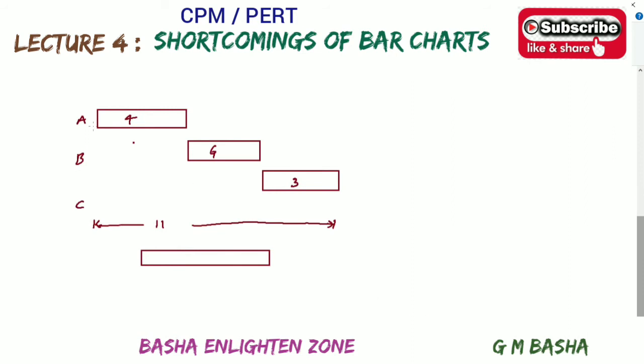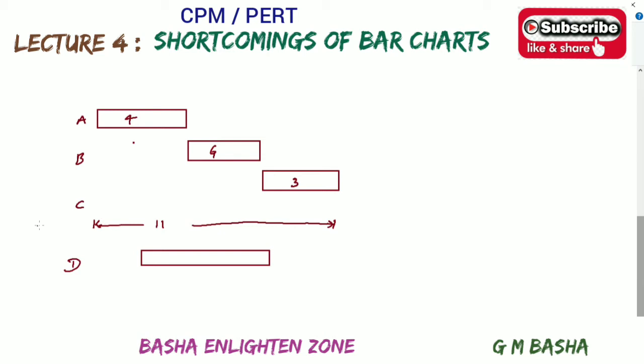If you observe A, B, C, these activities are represented serially, one after the other. After completion of activity A, B will be started. After completion of B, C will be started. But here D will be started before B itself, in between A. So some activities are represented serially and some concurrently.